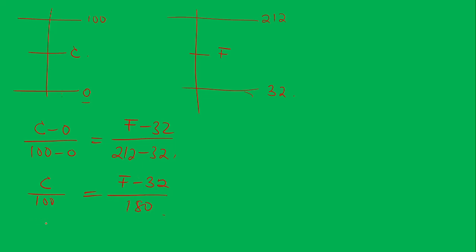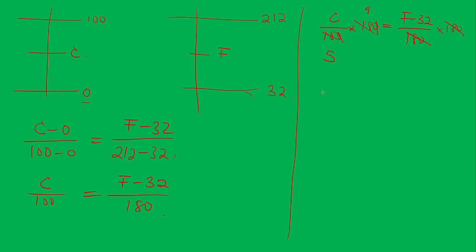We're looking for F, so let's make F the subject of the formula. For us to do that, we multiply both sides by 180. So you have C all over 100 times 180 equal to F minus 32 all over 180 times 180. So 180 will cancel out this. Now 0 will cancel 0. Now 2 here is 9, 2 here is 5.